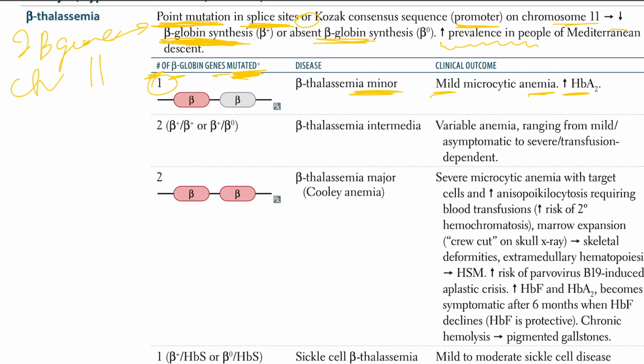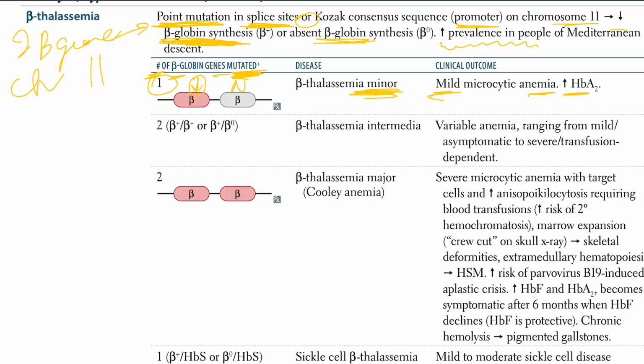So what is the minor? Again, in minor, you have decreased beta globin synthesis on one chromosome, and on the other chromosome we have the normal. That's the minor, and that's just mild anemia.